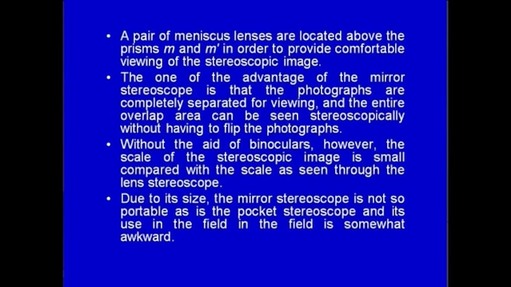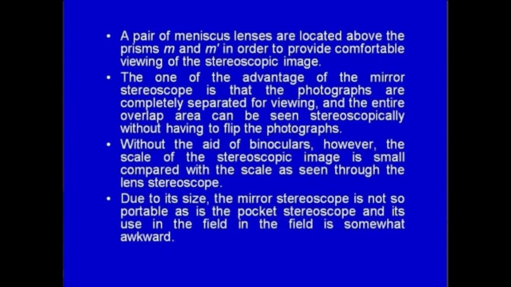of the stereoscopic image. One of the advantages of the mirror stereoscope is that the photographs are completely separated for viewing and the entire overlap area can be seen stereoscopically without having to flip the photographs.